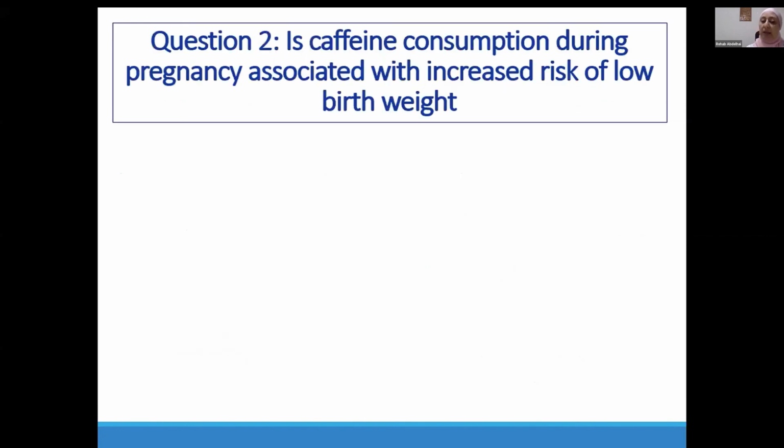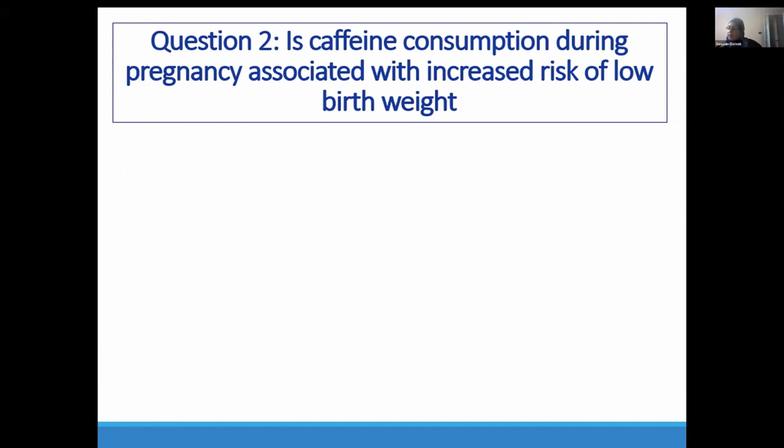So this is another question. Is caffeine consumption during pregnancy associated with increased risk of low birth weight? Sausan. Caffeine is going to be the exposure. Yes.